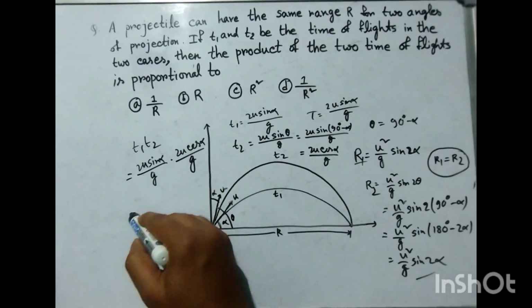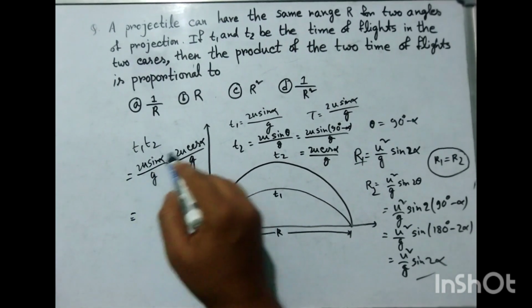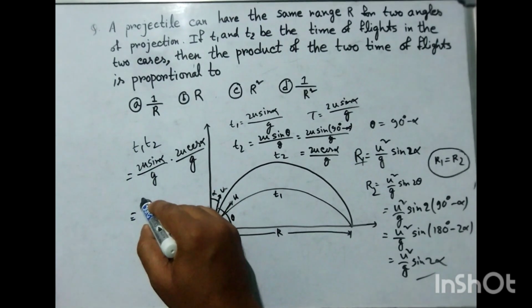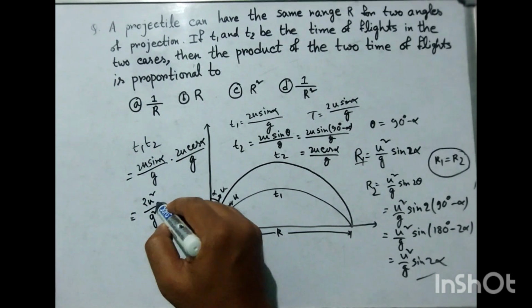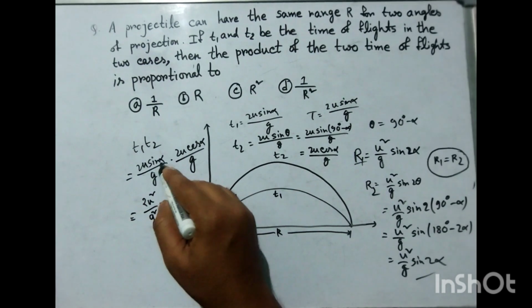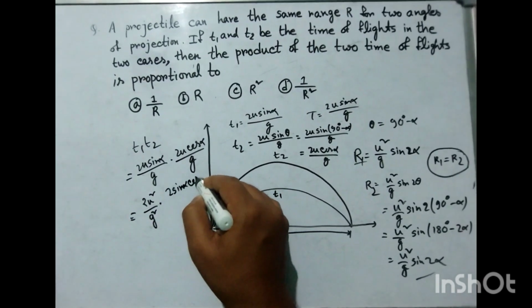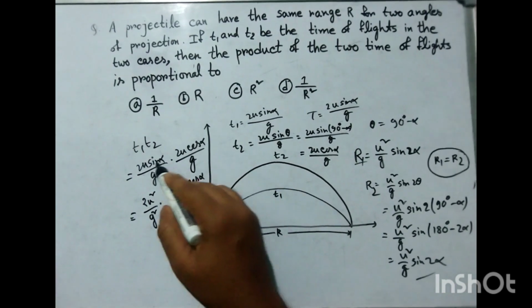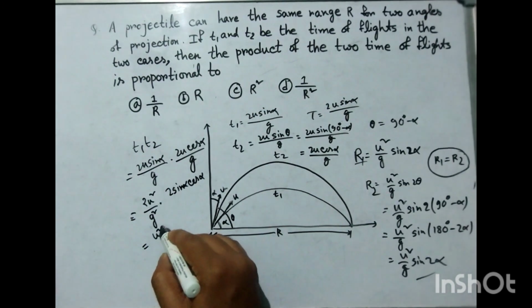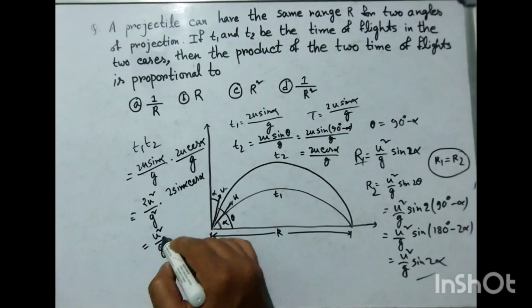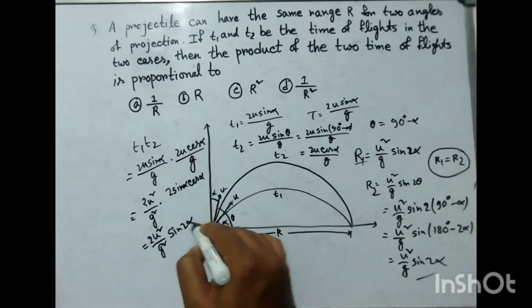So this will be 2u square by g square into 2 sine alpha cos alpha, that is 2u square by g square sine 2 alpha.